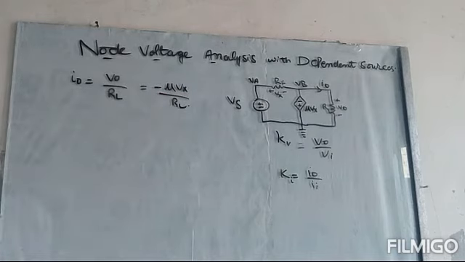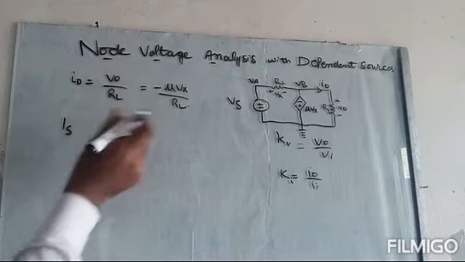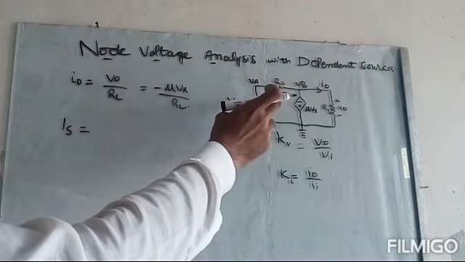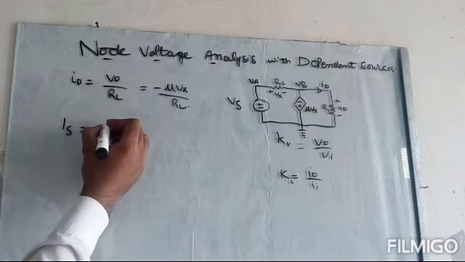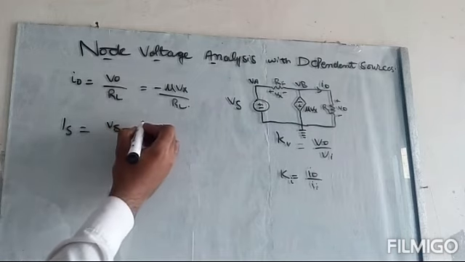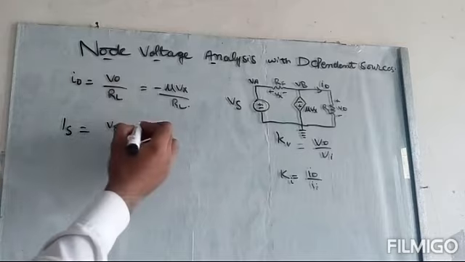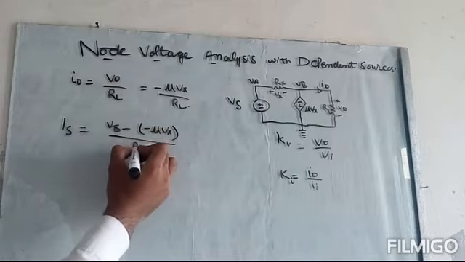And Is, the input current, is equal to Va minus Vb divided by Rf. Va is equal to Vs, Vb is equal to minus mu Vx, divided by Rf.